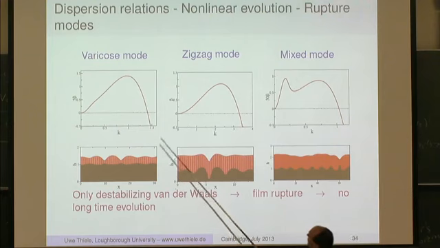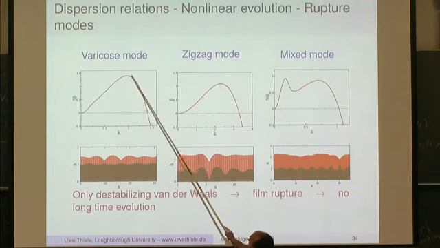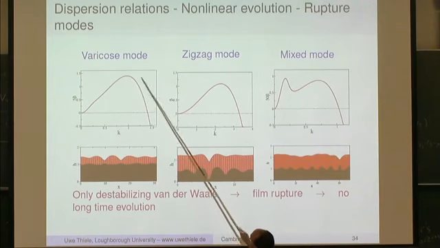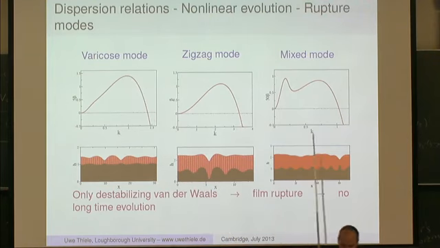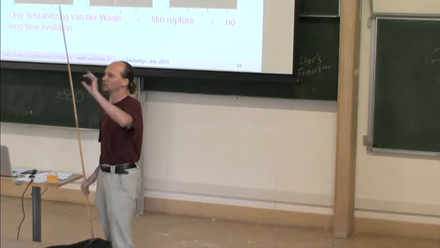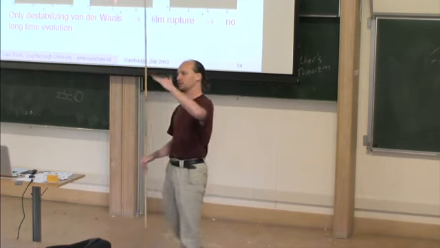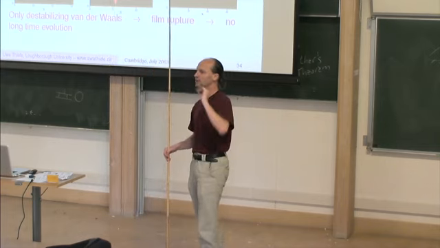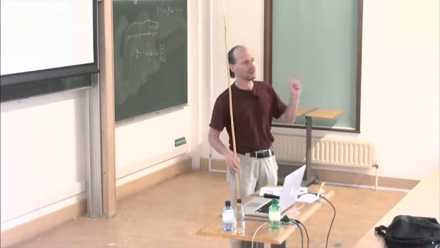And so what you see, you can find a varicose mode, so you get the growth rate as I showed before, but now you do not only get the growth rate from the linear stability, you also get the ratio of the amplitudes of the 2 perturbations of the 2 interfaces, right? And it could be positive or negative.